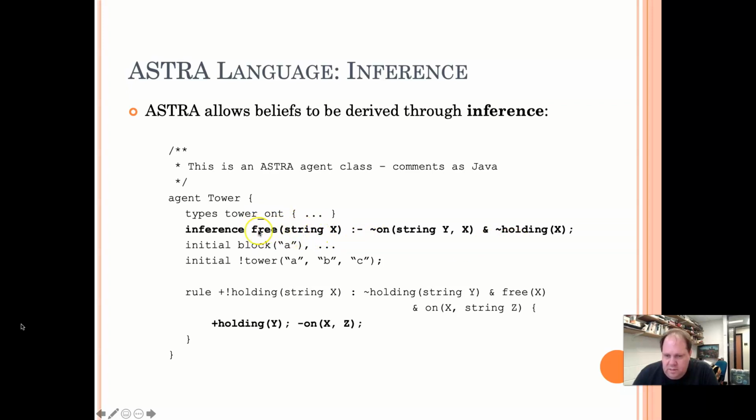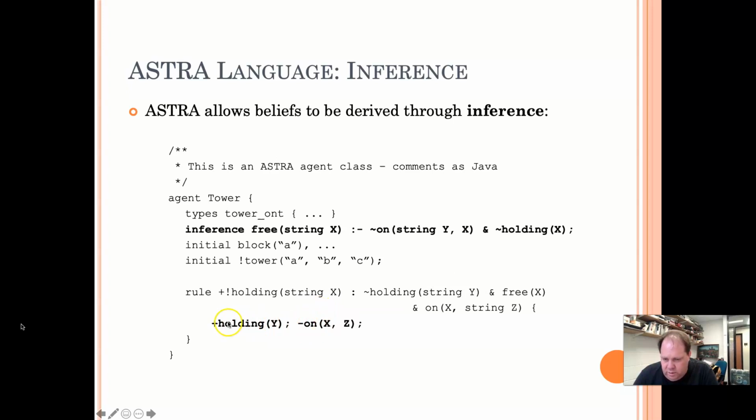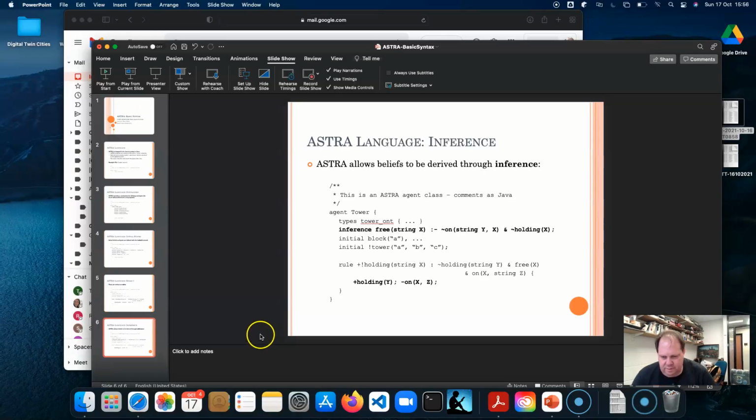So X is free if there is no Y on X and you're not holding X. That obviously has an impact: we're able to remove one of the belief remove statements from the implementation of the rule. We can get rid of the belief minus free X and just do plus holding X and minus on X, Z.